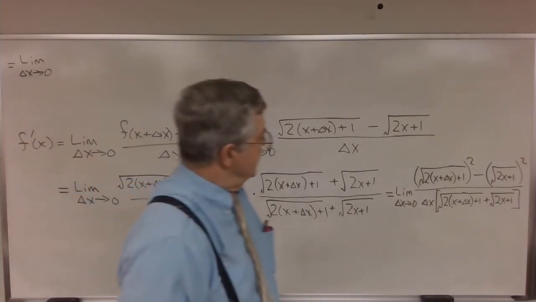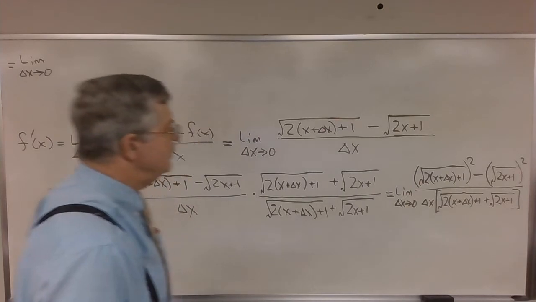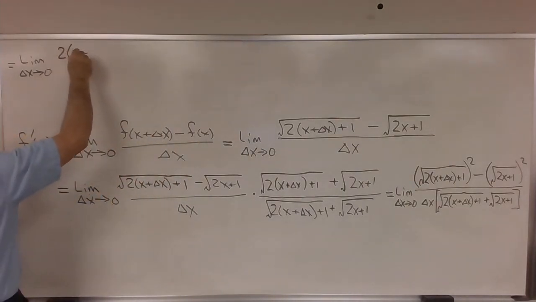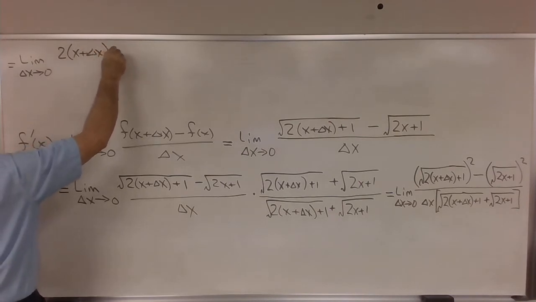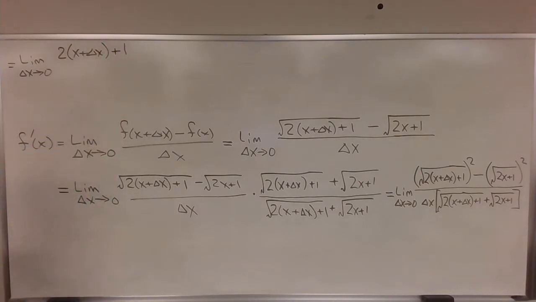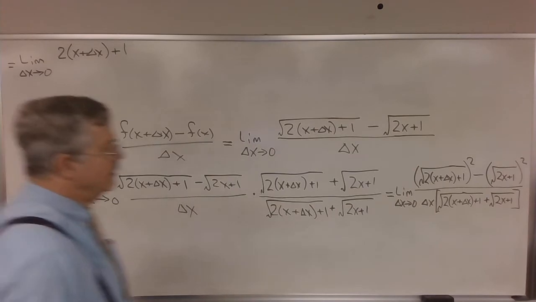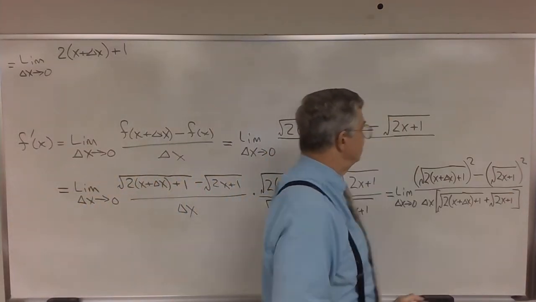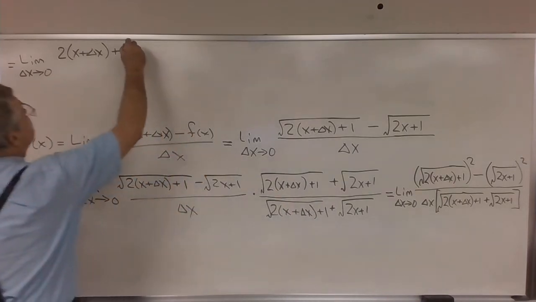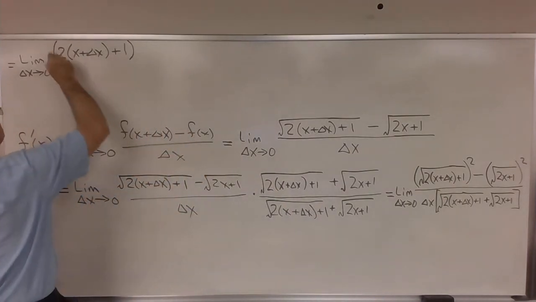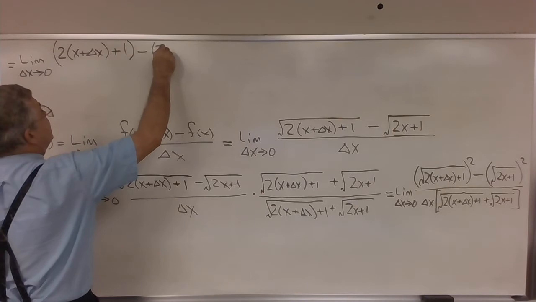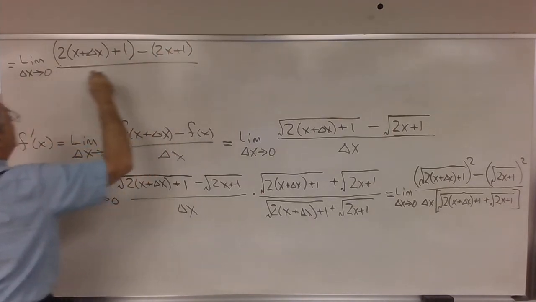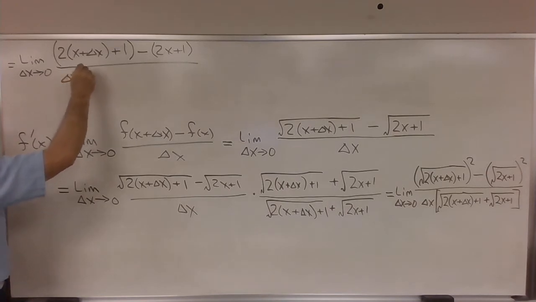So let's see, I get this thing squared, so that's 2 quantity x plus delta x plus 1 minus 2x plus 1. So essentially this thing minus this thing all over the denominator, which I am not going to multiply out.